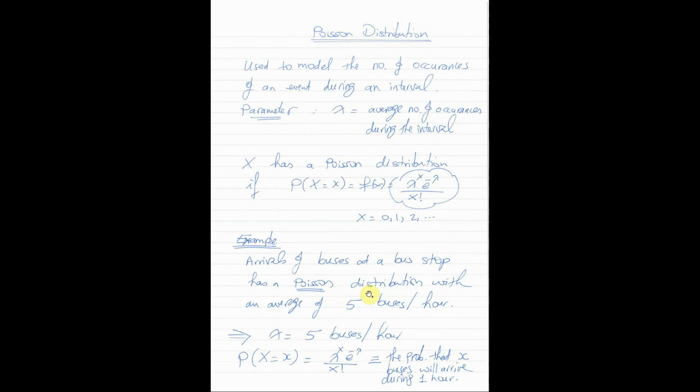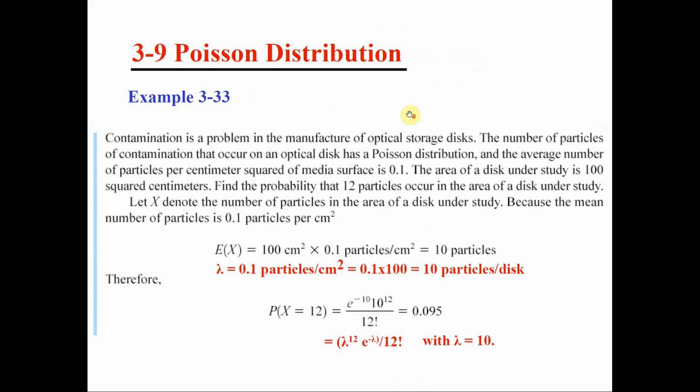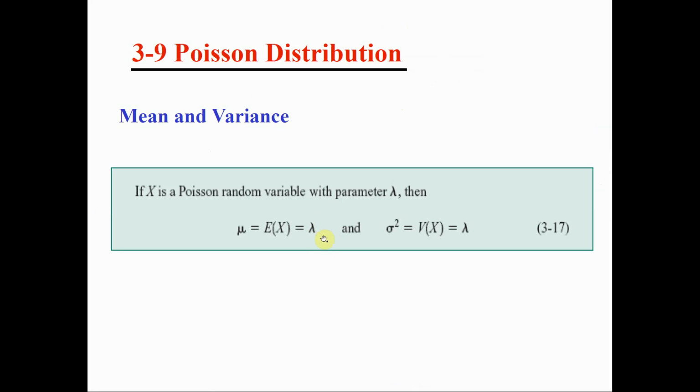So before dealing with the proof, let me tell you what was the meaning of the Poisson distribution. We say the Poisson distribution models the number of occurrences of an event, where lambda is the average number of occurrences of the event. So lambda was by definition the average, right? So if I want the expected value of x, it's not a surprise that it turns out to be lambda.